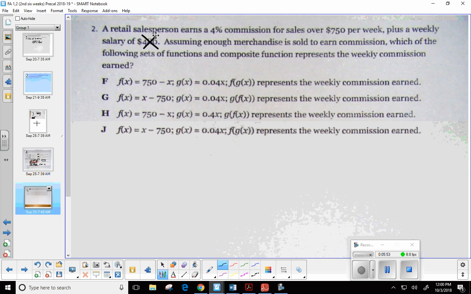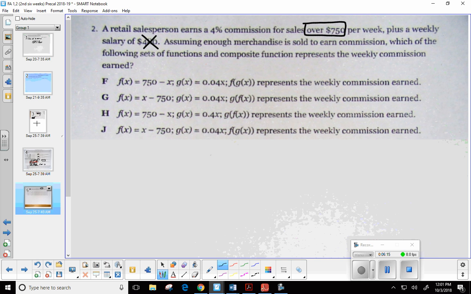So look at all your answers. The F function is either 750 minus X or X minus 750, where X is the amount in sales that you make per week. Now, you're only going to earn that 4% if you sell what? Over 750. It would have to be X minus 750.